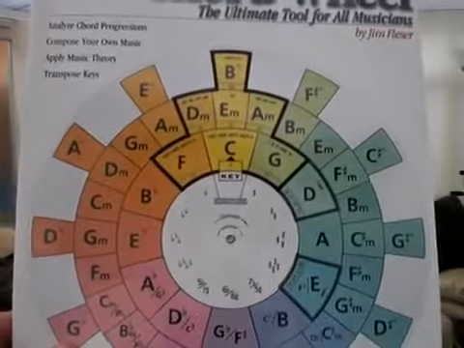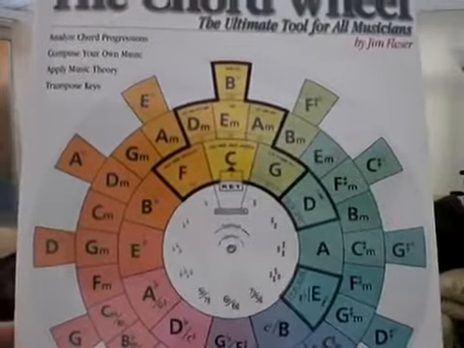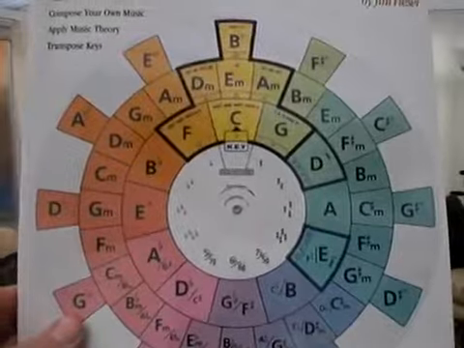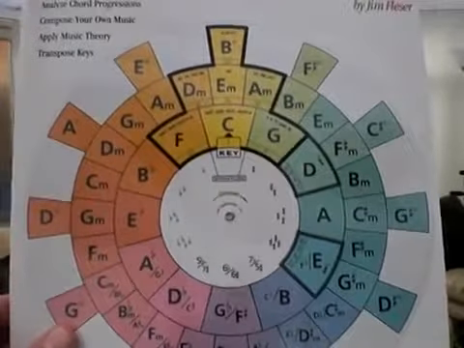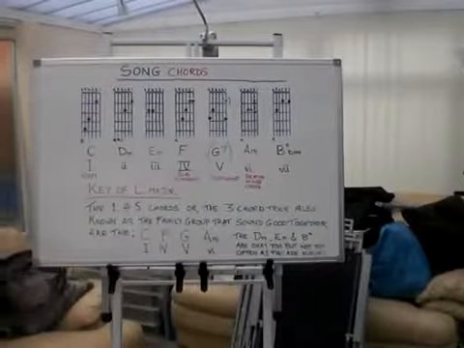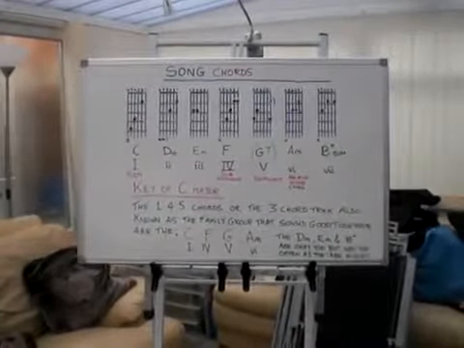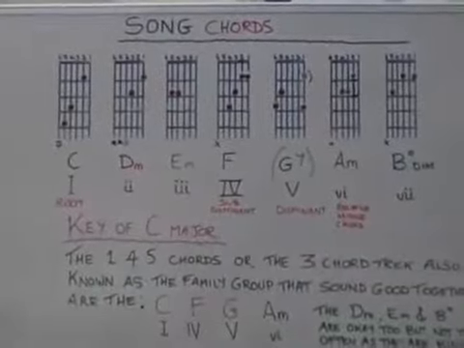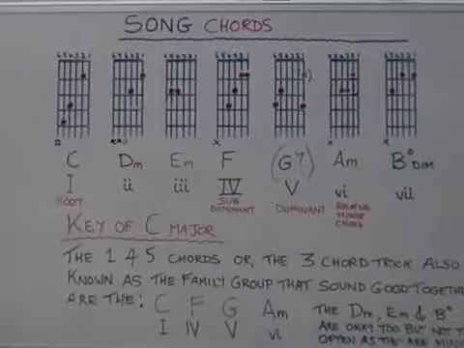If we talked about the key of C, the scale of C, and what chords will play from that scale, we would look back where we were previously, there on a lesson. I'll come back to the chord wheel in a minute.